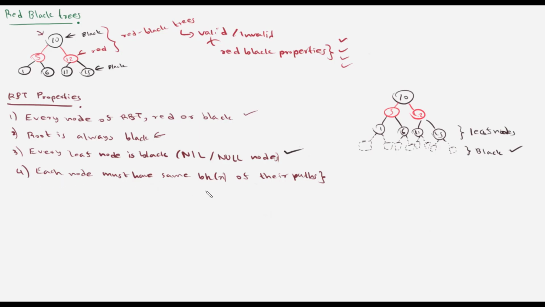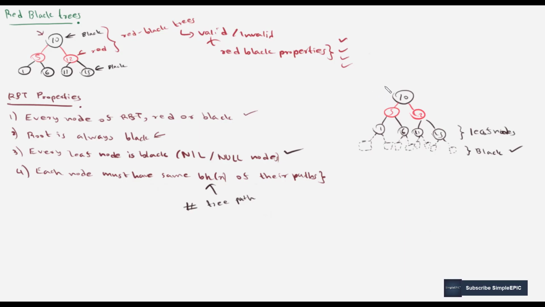And what is the next property? Black height. Black height means the number of black nodes that you encounter in a specific tree path. So in this case we have 4 different tree paths: 10, 5, 1, and 10, 5, 6, 10 to 11, 10 to 15.